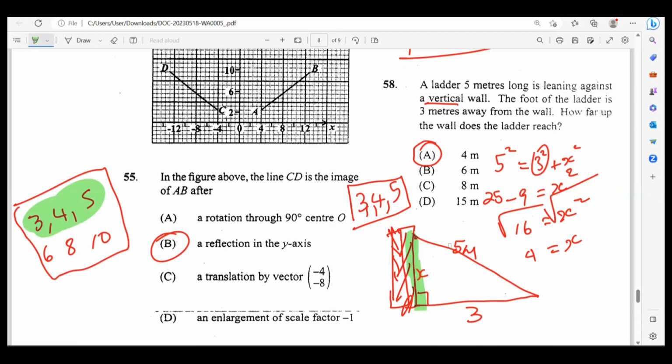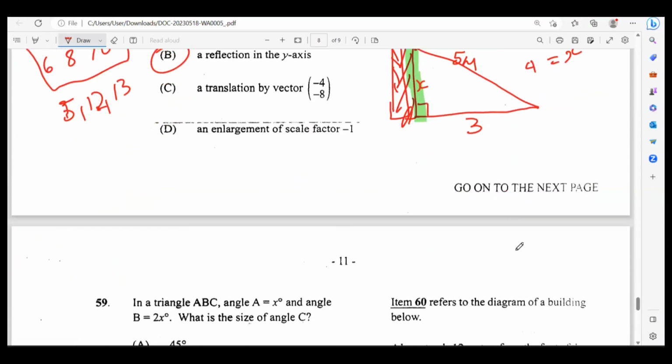You could create more from that. Another one is a 5, 12, 13 as well. They could use this one as well. So a lot of times the 3, 4, 5 and 5, 12, 13, those are special right angle triangles that you can just look at. The moment I get certain sides, I'll move to the next one without working. Whereas for a multiple choice exam.